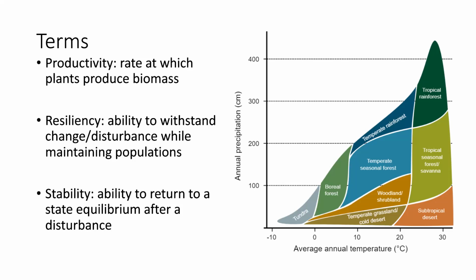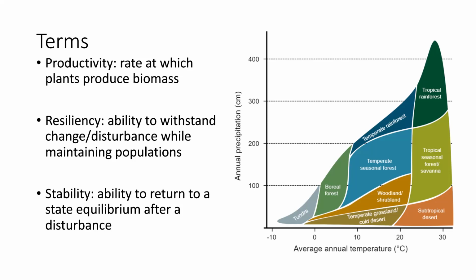So if a stress is introduced to an environment, something that may potentially be a negative outcome in that environment, the more resilient that biome or that environment is, the better it's going to be at withstanding whatever that stress is. So the more resilient, the less likely it's going to drastically change when that stress arrives, basically.